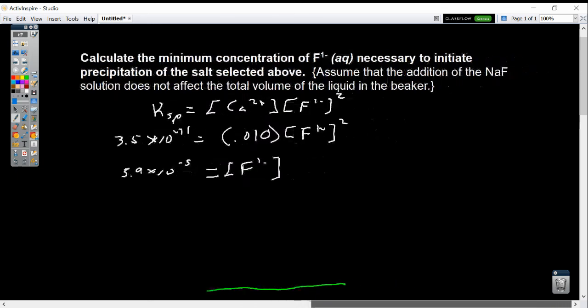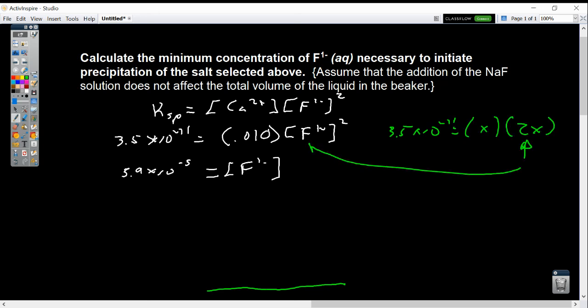Something you might get confused on is you might be saying, when I did this before, when we put those x's in, this was x, this was 2x. So do I have to put a 2 in there for the fluoride and divide everything by 2?